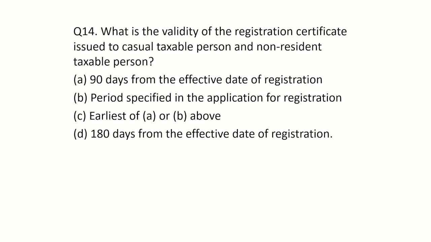The options given are 90 days from the effective date of registration, period specified in the application for registration, earlier of A or B above, 180 days from the effective date of registration. The provision says earliest of A or B above, that is either 90 days from the effective date of registration or the period specified in the application for registration, whichever is earlier, will be the validity of the registration certificate issued to a casual taxable person or a non-resident person.